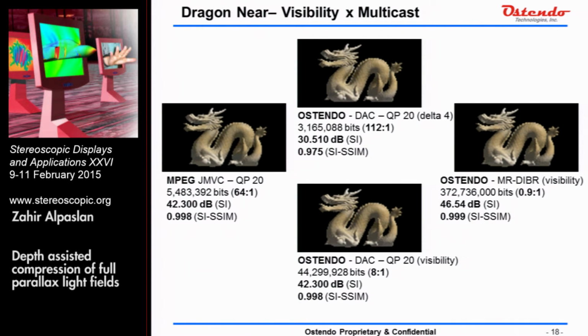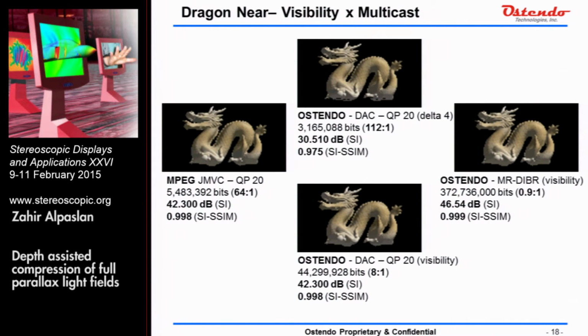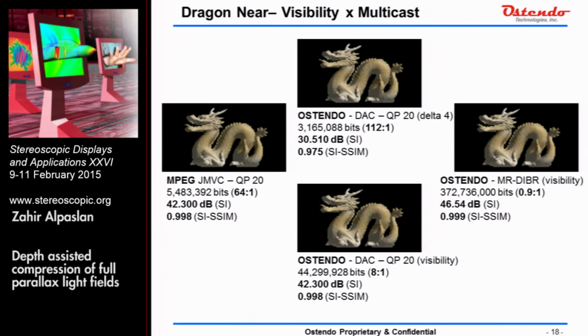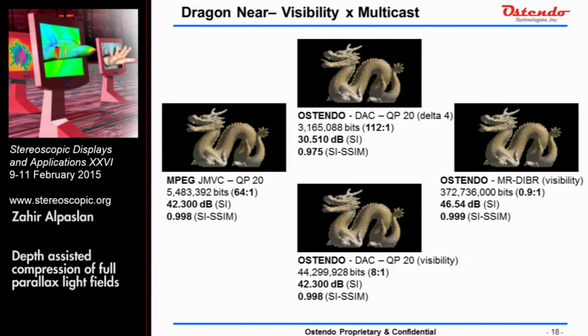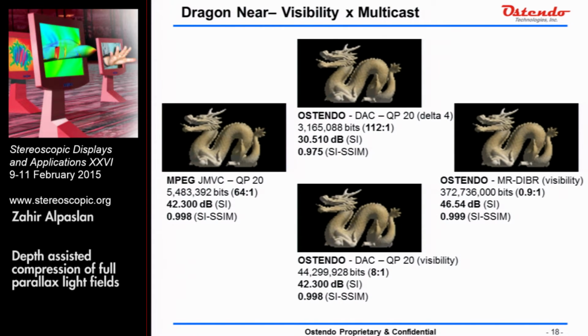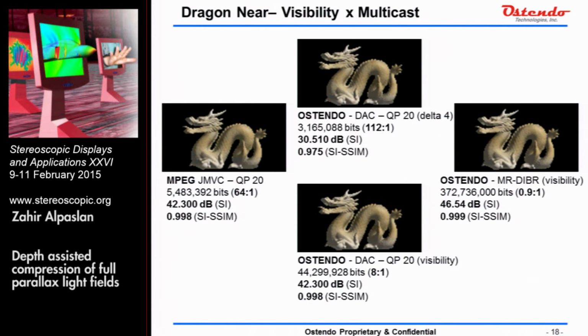So for example, if we do not perform any sort of subsampling and just compress the reference images, we go from 0.9 to 8:1. And then we have similar quality to JMVC, but JMVC still has 64:1.